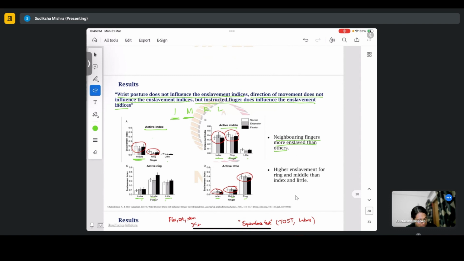And similar to the index finger, in case of the little finger, only the ring finger is the one which is highest in enslavement, whereas middle and index fingers don't have that much enslavement. It was also observed that there is more enslavement for the ring and middle than the index and the little fingers.